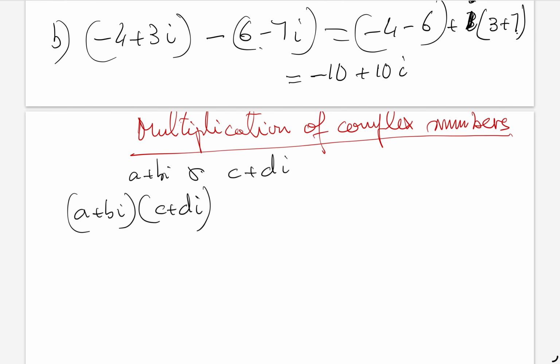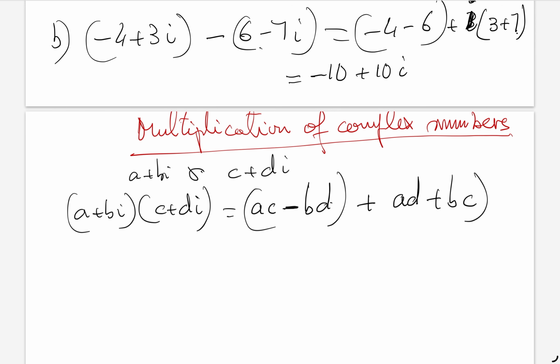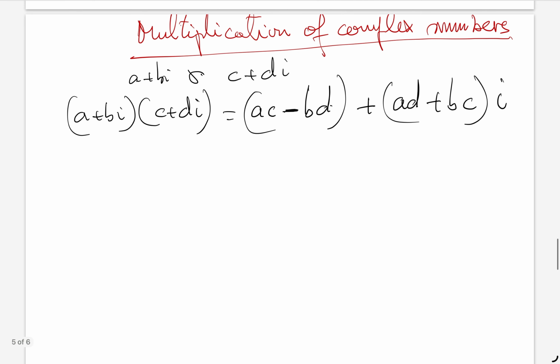This is equal to ac, a times c, and then minus bd. I will tell you where the minus comes from. Plus ad plus bc. You don't have to memorize it. Please don't. Let me show you. Proof.